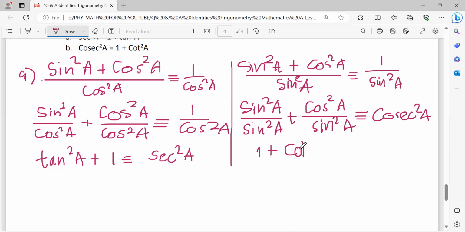So proved that cosecant squared A is equivalent with 1 plus cotangent squared A.